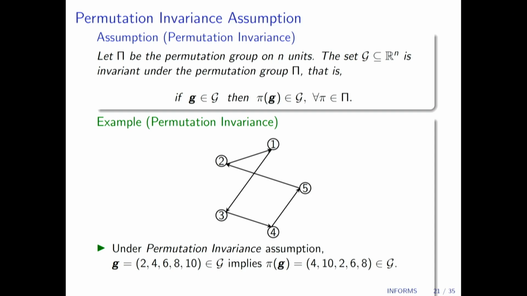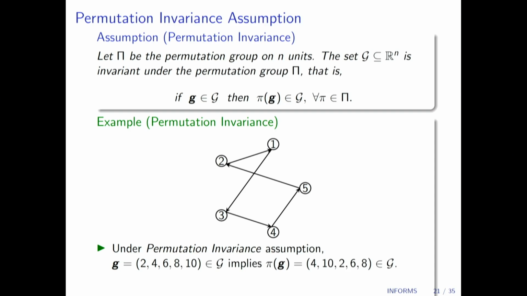So now we define the permutation invariance assumption. This assumption says that if the G vector is an element of the domain that we can take values from, then any permutation applied to this G vector gives a new vector that is an element of this domain G as well. So if we permute this vector, the second vector also belongs to this G set.